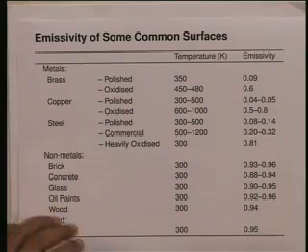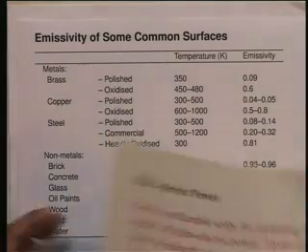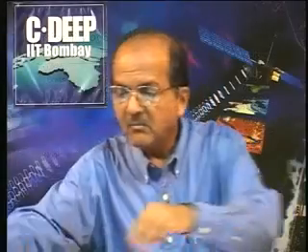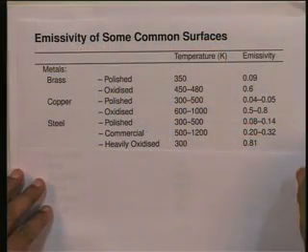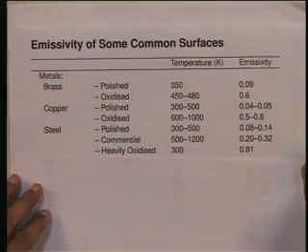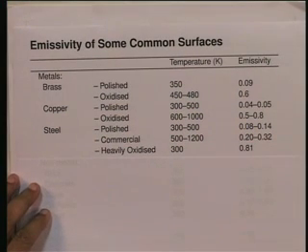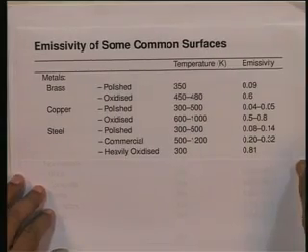Let us look at the first, and let me just blank off the other, so that your attention stays only on the first part. Let us focus our attention first on the emissivity of metallic surfaces. I have picked three here as an example. Which are the three?